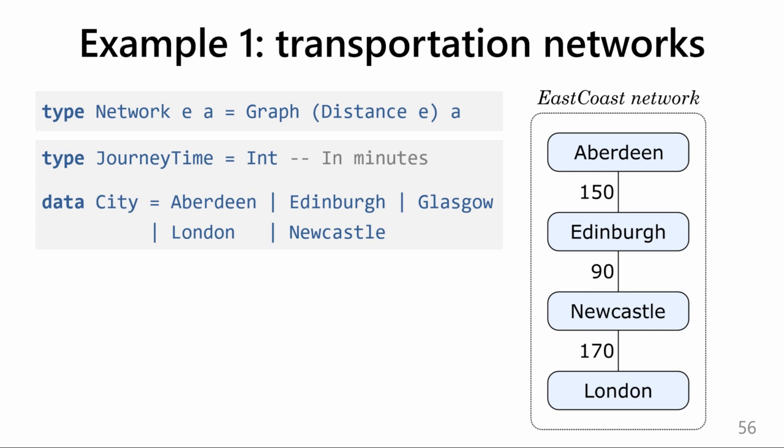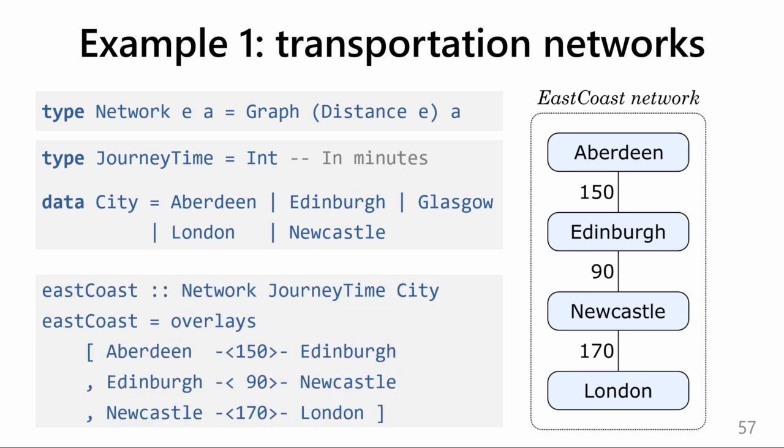I'm not showing the implementation of distance, but it's just a wrapper around the underlying data type with some operations like how you compose labels in sequence and in parallel. And so the graph itself can now be an overlay of these three edges, right? We just list our edges using this ternary operator, and this creates a graph for us.